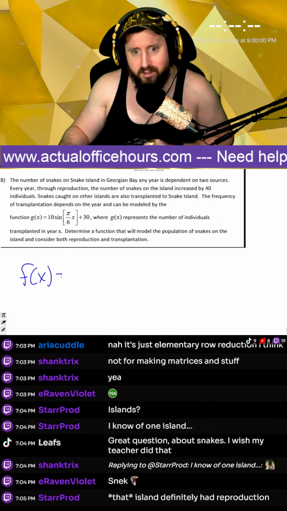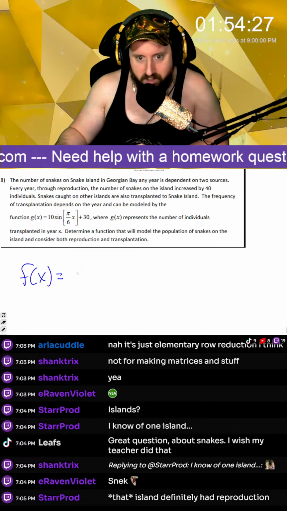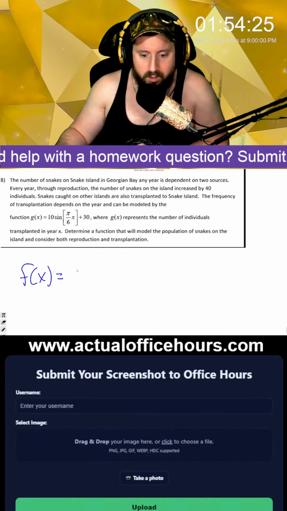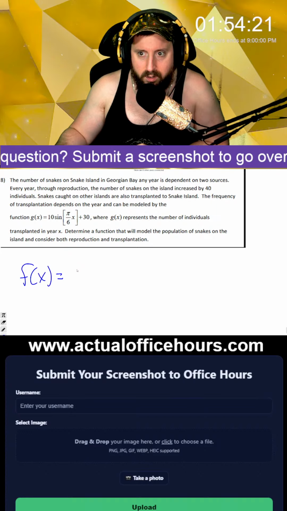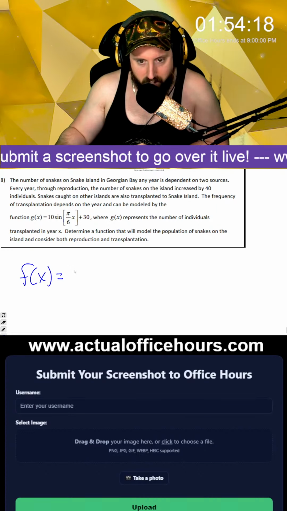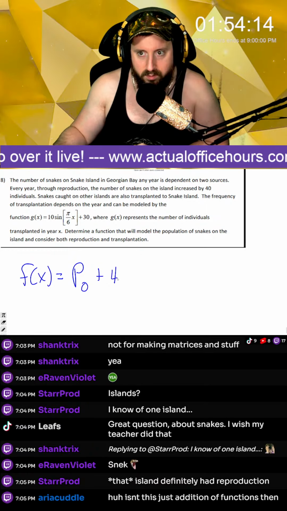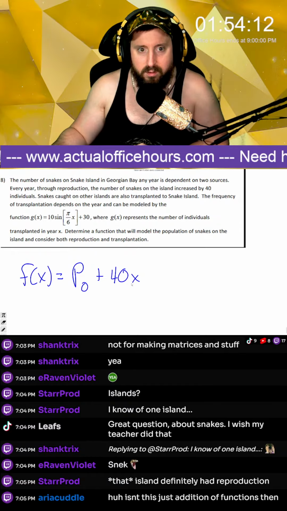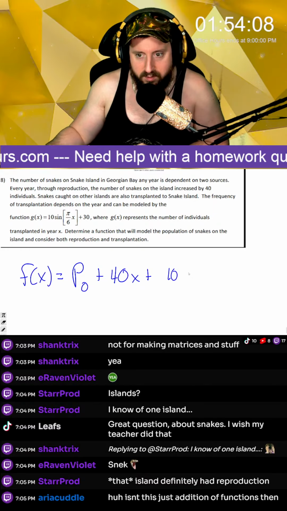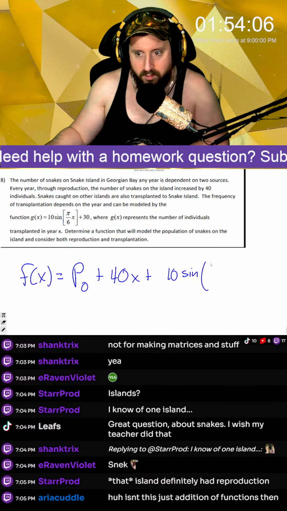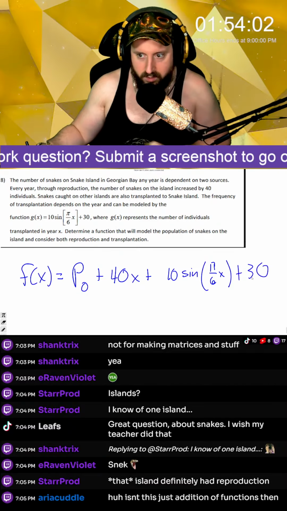Like f of x represents the number of individuals, so that's going to be equal to, let's say, the initial population, p naught, plus 40x, and then plus 10 sine pi over 6x plus 30, right?